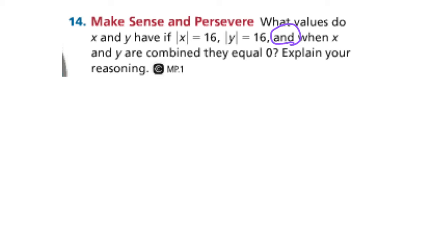Well, two numbers that have the same absolute value and combine to equal 0 must be opposites. If their distance from 0 is 16, what two numbers are possible? 16 and negative 16. Those are the opposites that x and y could be.